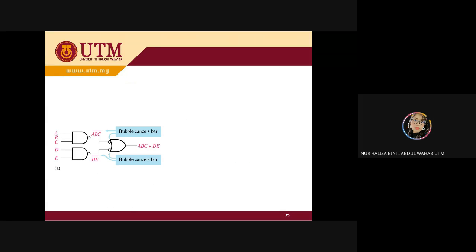Okay, when you have this, just now I already mentioned, if you have the bubble, you can cancel. So in terms of this theory, you can use it later on to put in your circuit to help in the simplification.